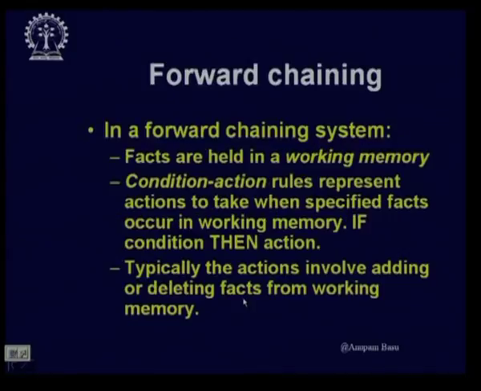All right. So, in forward chaining system, the facts are held in a working memory. All the time that we are drawing a fact base, that is kept in a working memory, and condition action rules, which represent actions, are in the form of if condition and then action, and typically the actions involve adding or deleting the facts in the working memory.